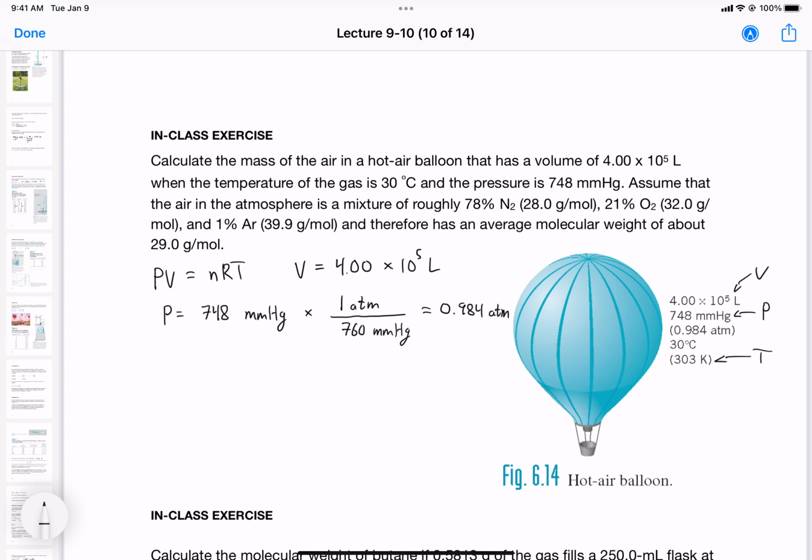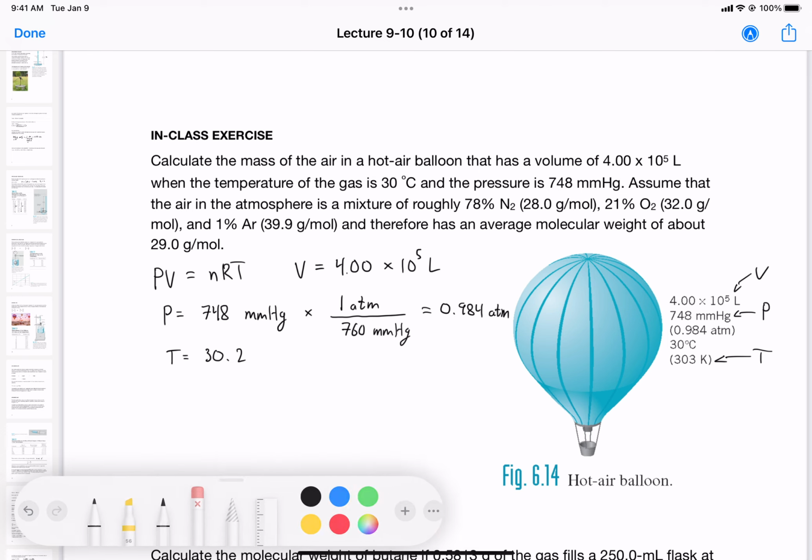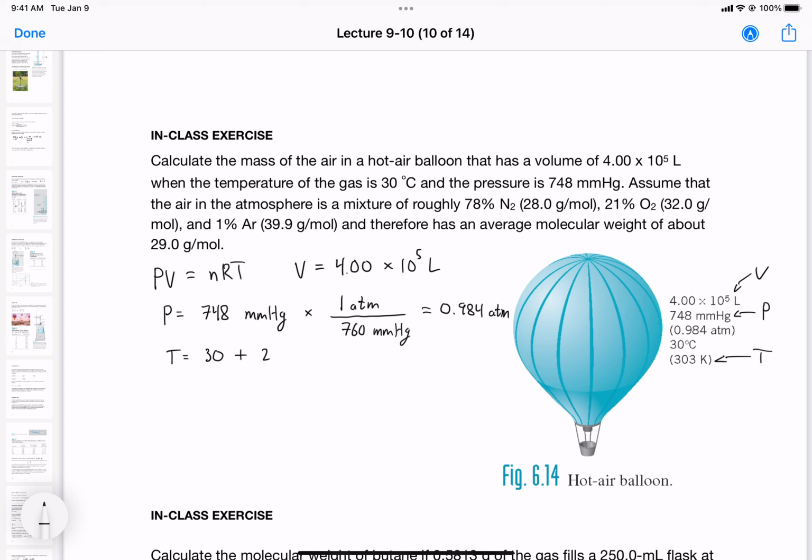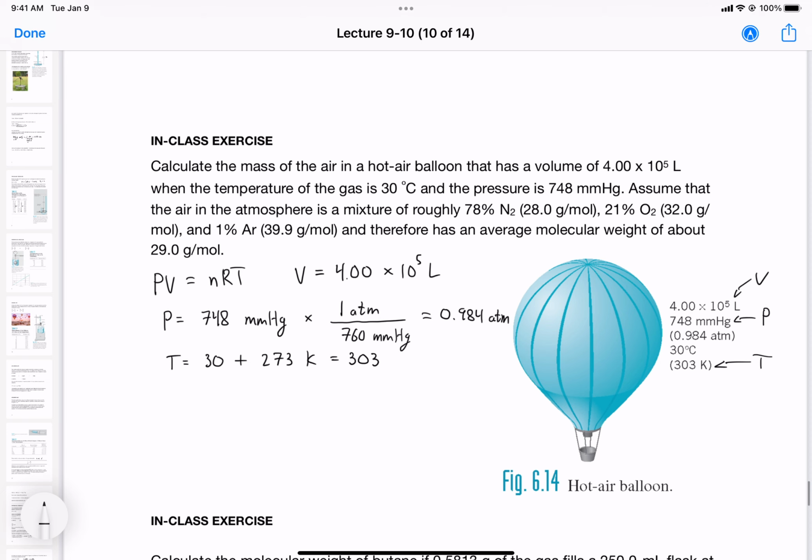And then temperature equals 30.2 plus 273 Kelvin, and that would equal 303 Kelvin. You could use just 273, or 273.15. I do not care. It does not matter to me.